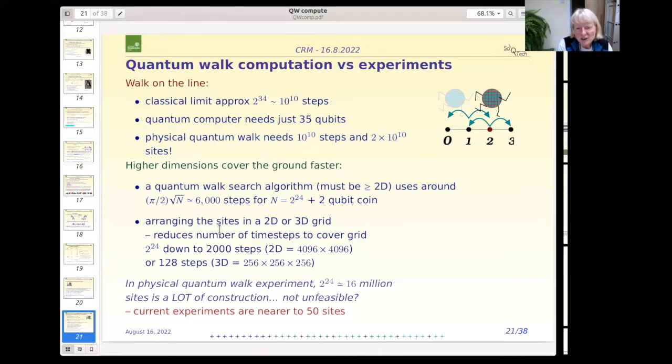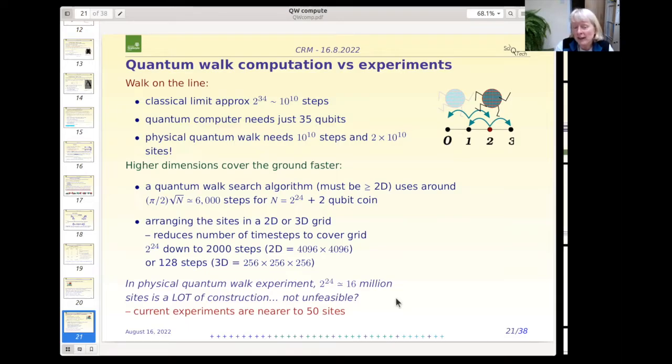And if we arrange the sites in a 3D grid, we're getting down to a 256 cubed grid and something more like 2,000 steps. So in a physical quantum walk experiment, about 16 million is what 2 to the 24 is. That's a lot of sites to construct, but it's not unfeasible. Maybe photonic walks could do that.